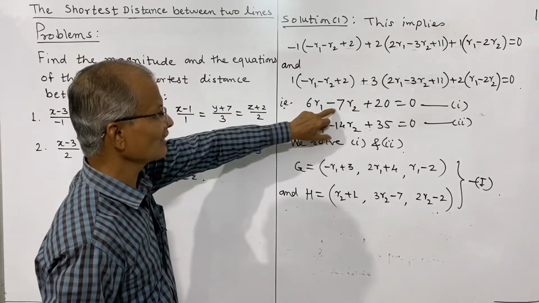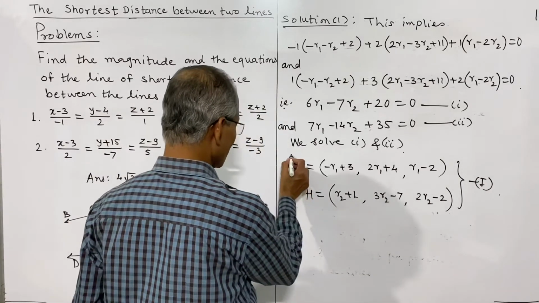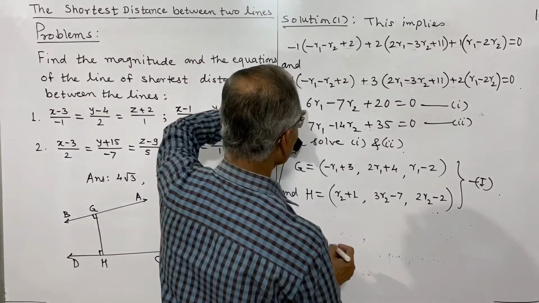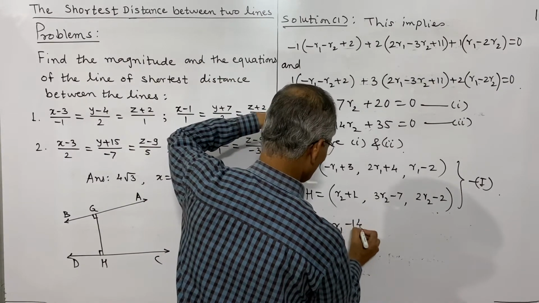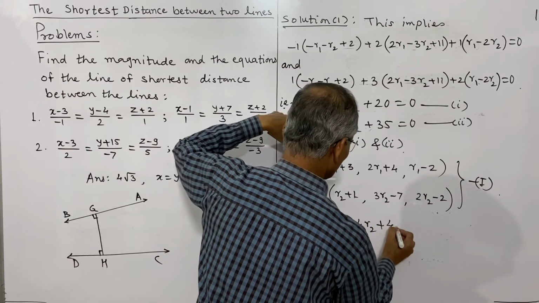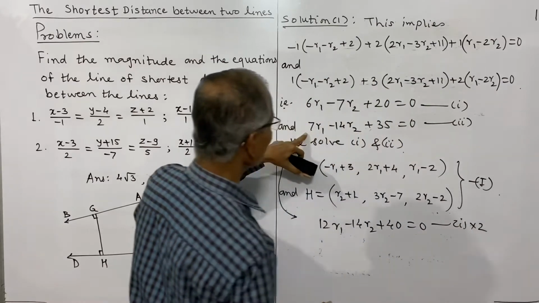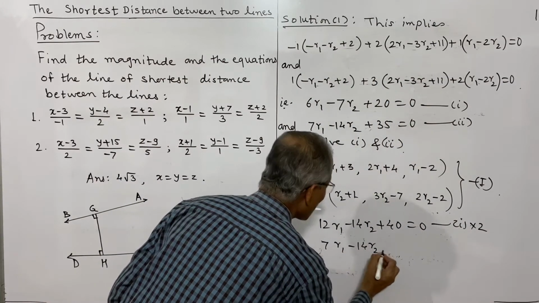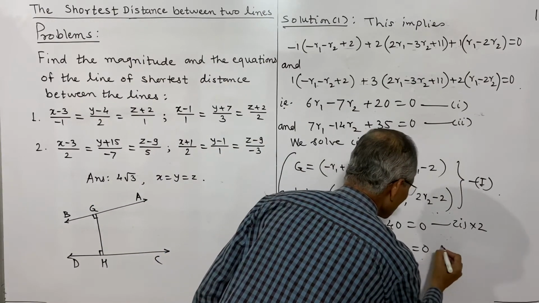We multiply the first by 2 and then subtract the second from it. So I shall write here, multiply the first by 2, that becomes 12R1 minus 14R2 and plus 40 is equal to 0. First multiplied by 2. Second we shall keep as it is, 7R1 minus 14R2 and plus 35 is equal to 0, second equation.